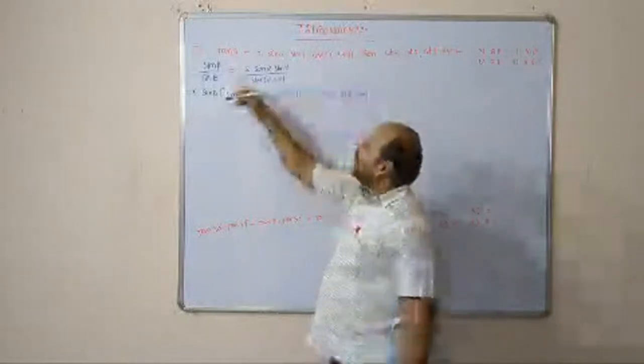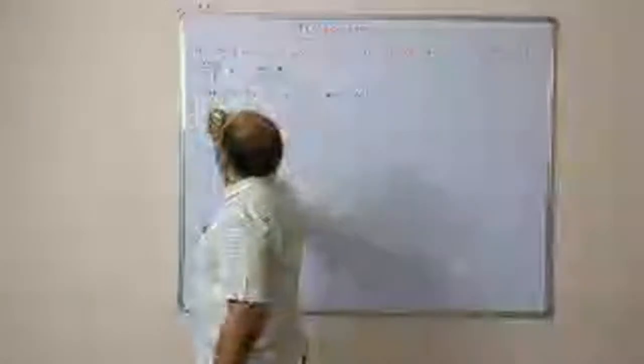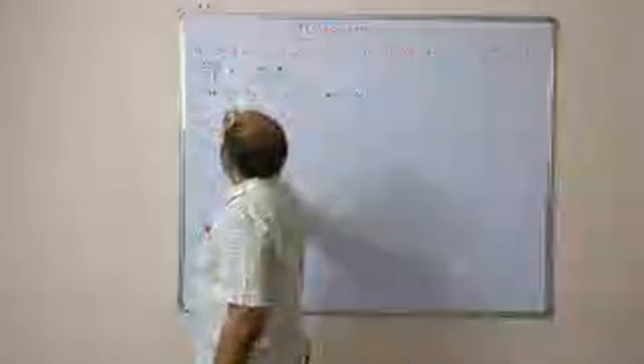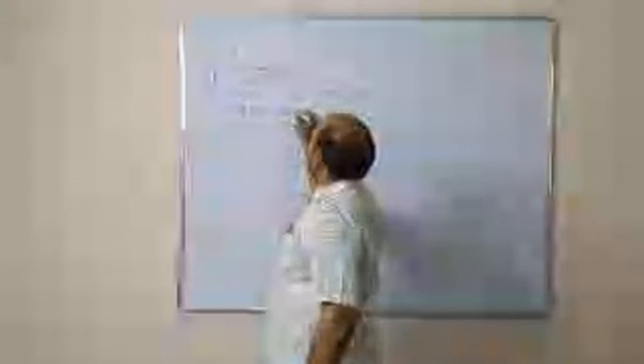Just cross multiply, each and every side multiplying by sin beta. So write in order: sin alpha, sin beta and cos gamma plus cos alpha, sin beta, sin gamma is equal to 2 sin alpha cos beta sin gamma.